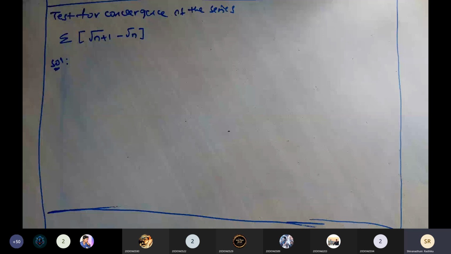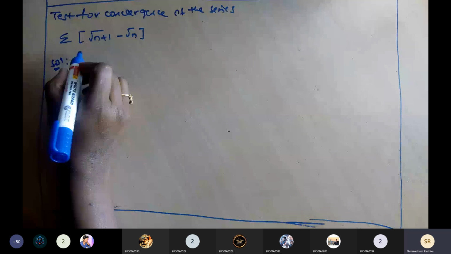But in the given series we don't have any denominator. How can we find out the Vn term? We can use the comparison test only. Any guess? Please tell me.